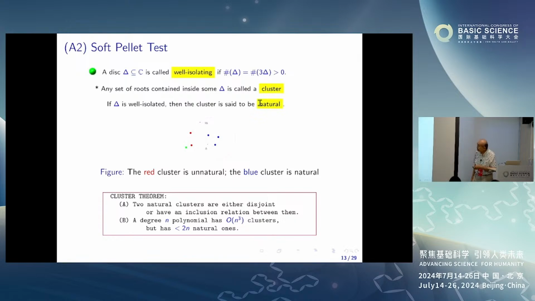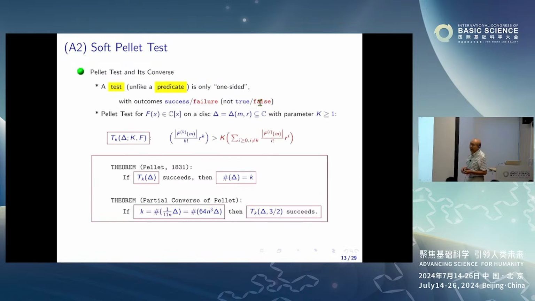We think of a very famous test called Pellet.